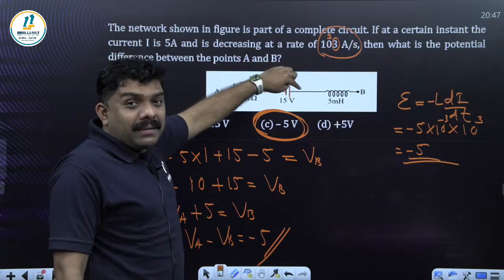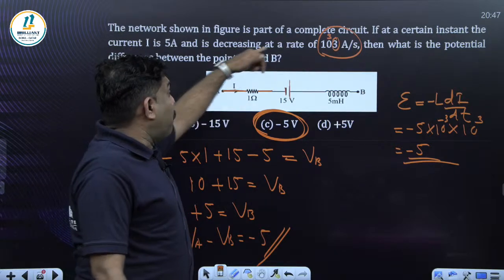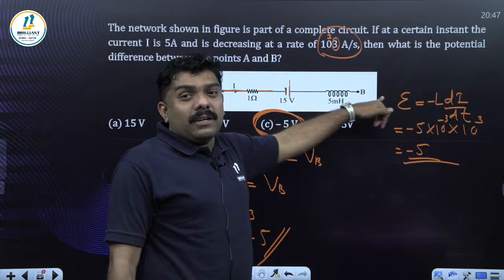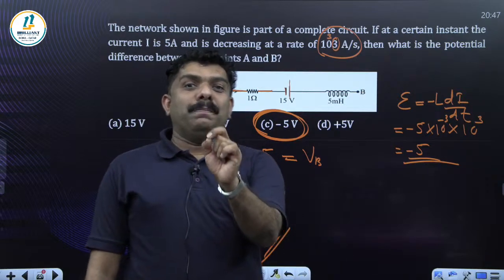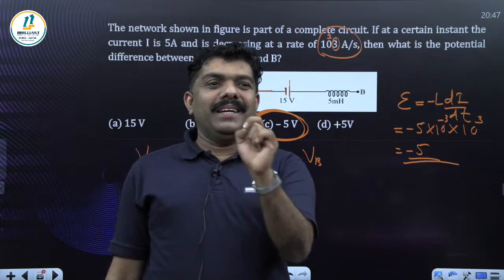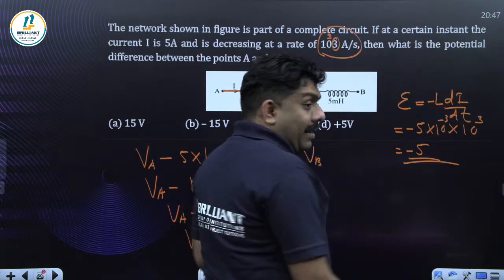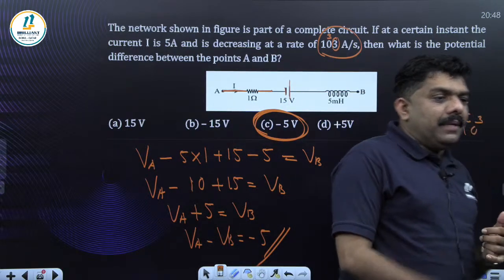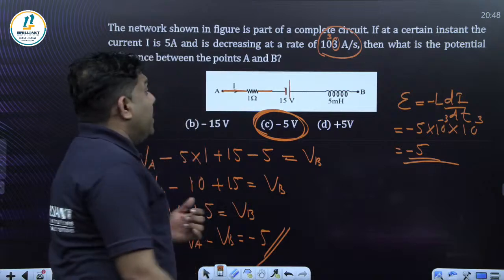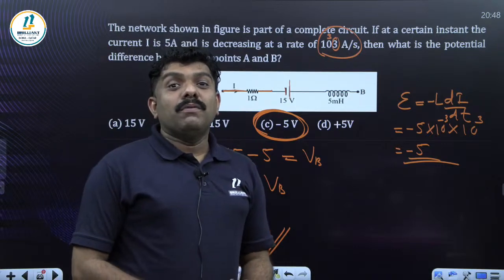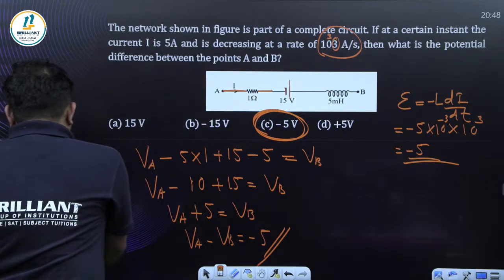Then across the battery there is a gain, so plus 15. Again across the inductor it drops, so minus L di by dt. So the right answer is option C, that is minus 5 volt.